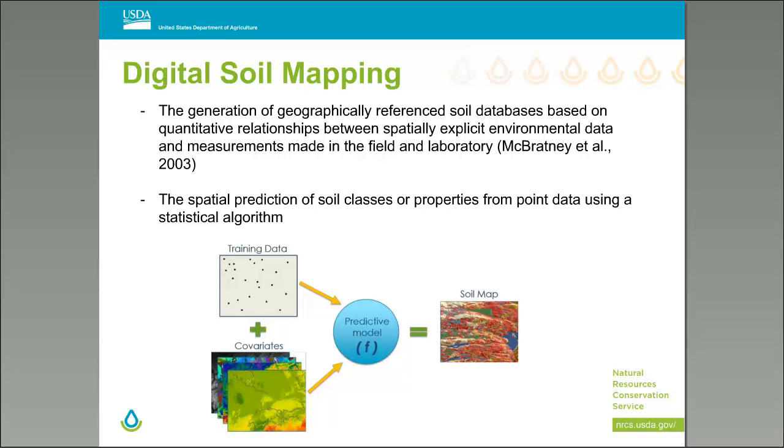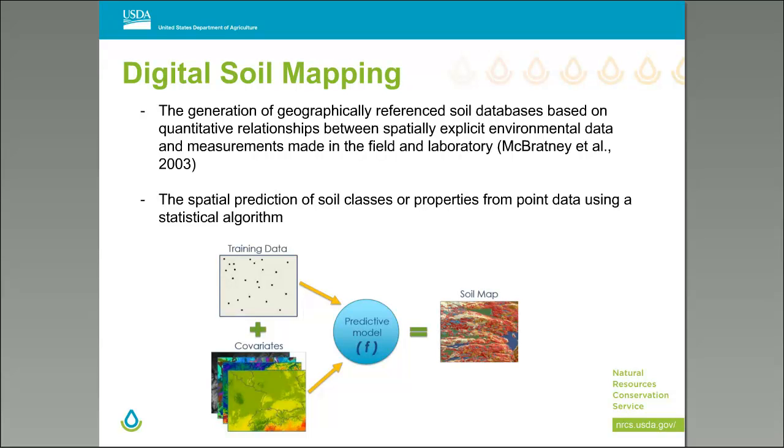So I'm just going to do a brief overview of digital soil mapping in case you weren't able to tune into the little DSM primer that we had a few weeks ago, or if you just forgot and really want to know. So basically, digital soil mapping has a couple definitions. The spatial prediction of soil classes or properties from point data using a statistical algorithm is the basic way of looking at it.